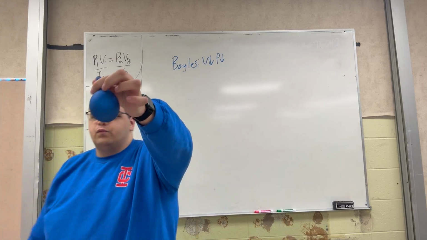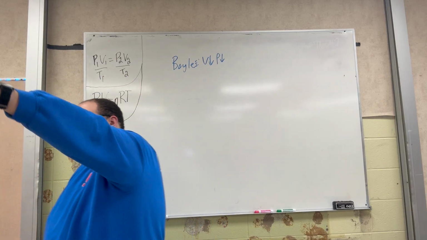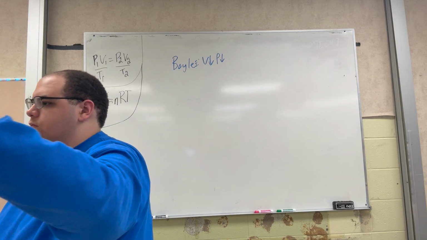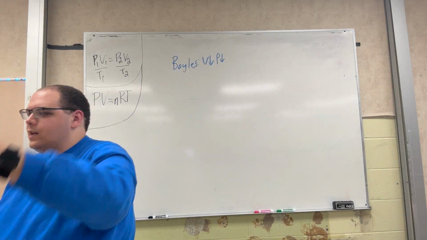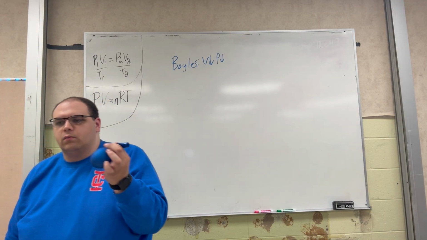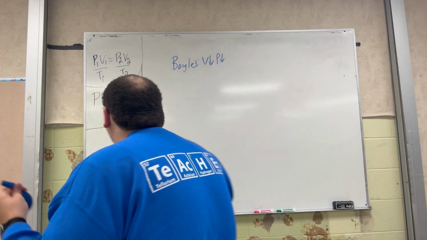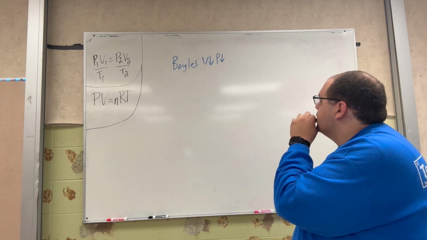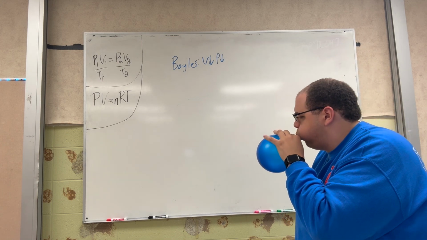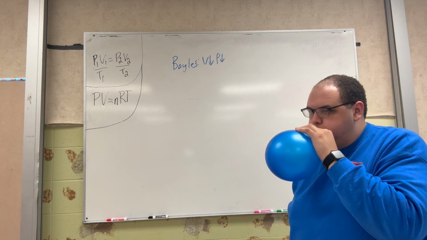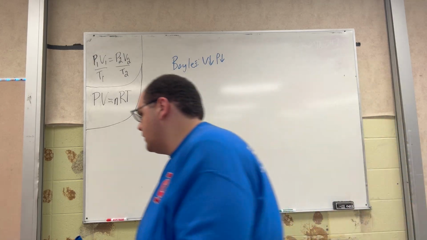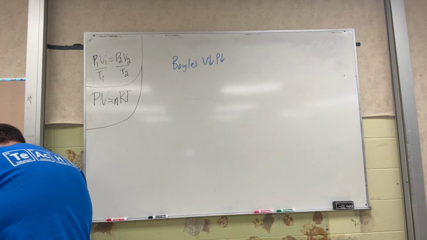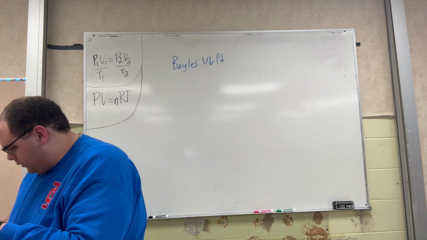But now, with just a little bit of gas, I increased the volume. Okay, it's a little big. Would you say that the pressure went up or down? If I increased the volume, let me do this, this will work a little better.